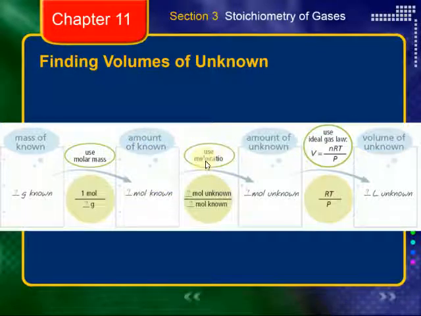Then you can use your mole ratio to go from moles of the known into moles of the unknown. And then once you have moles of the unknown, you can rearrange all this stuff to solve for whatever you want. The nice example here is volume, rearranging the ideal gas law to solve for volume.